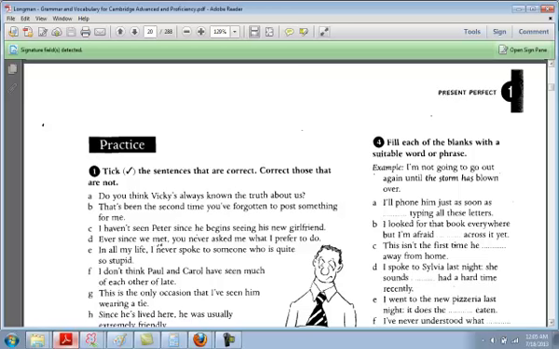Okay, let's see. C point. I haven't seen Peter since he began seeing his new girlfriend. Since he begins. Okay, so what do we use here? Now let's see why this option is true. So since he begins, we correct with since he began.